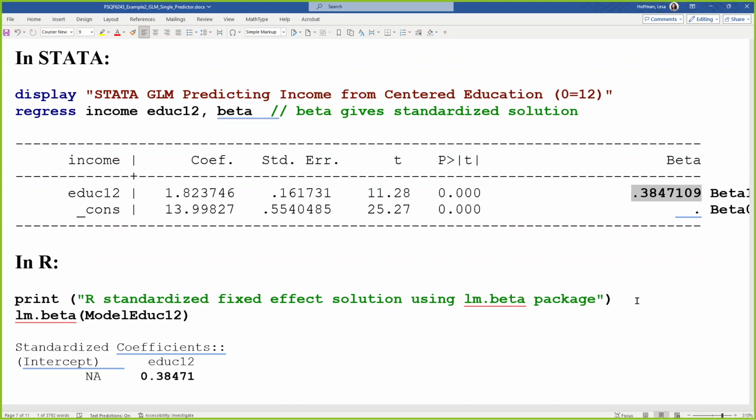It strips off the differences between units. And so a standardized slope tells you how many standard deviations of a change you would have as a function of 1 standard deviation on the predictor. So as education goes up by 1 standard deviation, income goes up by 0.38 standard deviations. Now that I don't find typically very helpful.